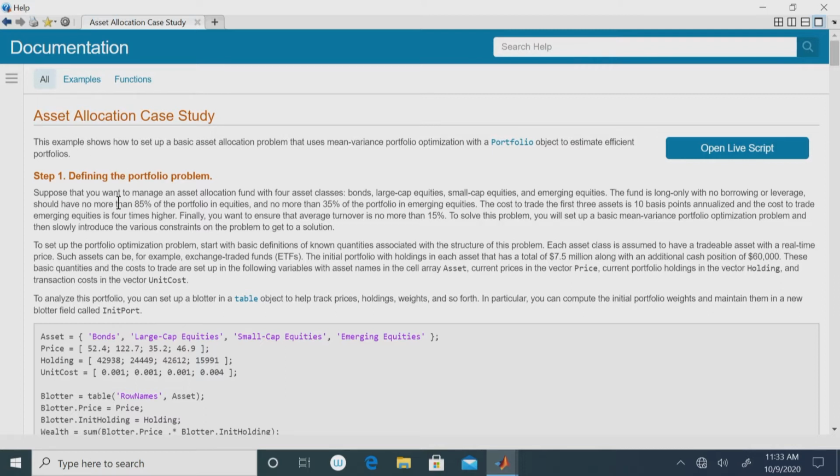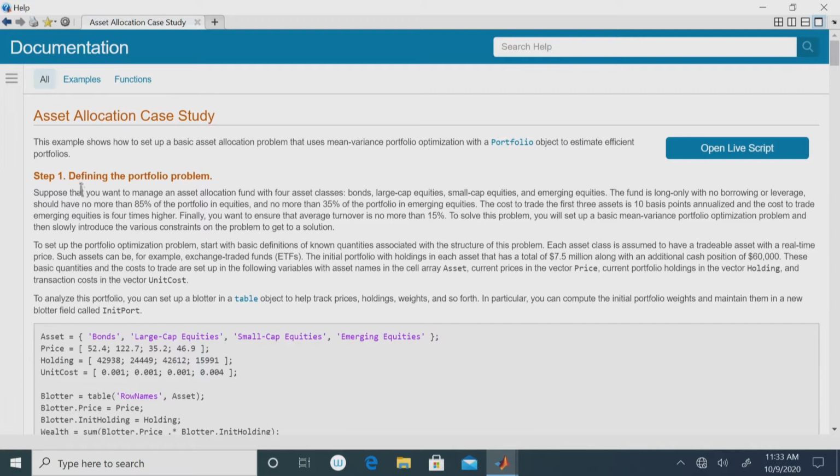Firstly, in the paradigm of the mean variance portfolio optimization that we have already done, and in addition to that, it brings about more practical constraints that are applicable in a real life situation in order to determine your investment in an optimal portfolio. So, this will involve several steps, and I will talk about one step at a time.